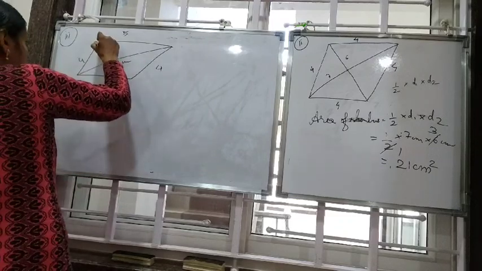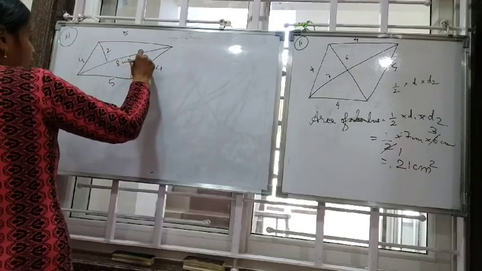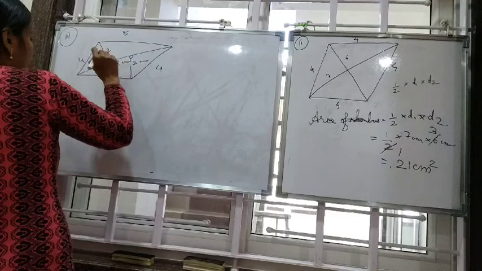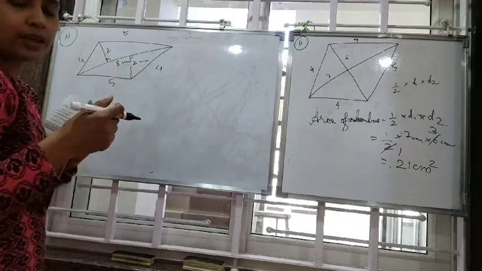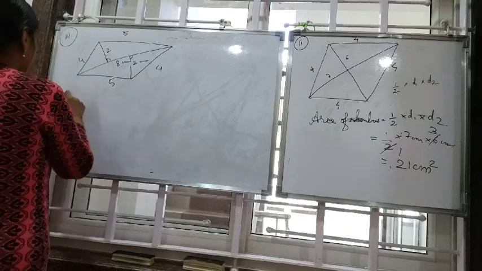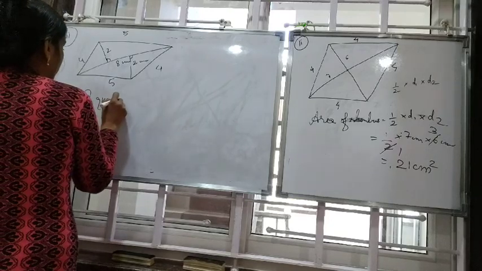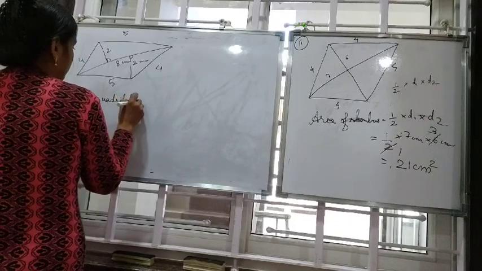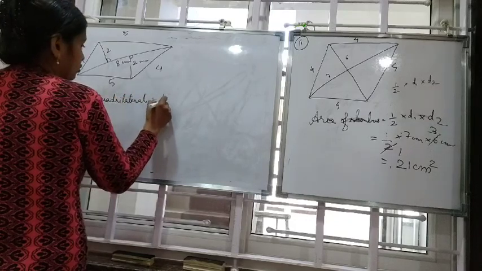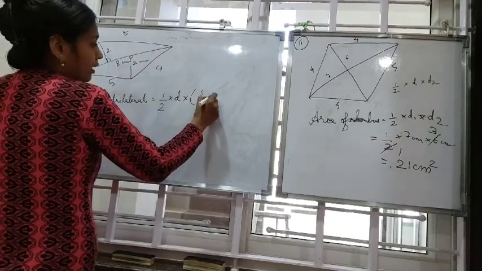So if this is 2 centimeter, this is also 2 centimeter. Actually it is not given, that is why I told you. So we will use the formula to find the area of the quadrilateral, which is equal to half of D into H1 plus H2.